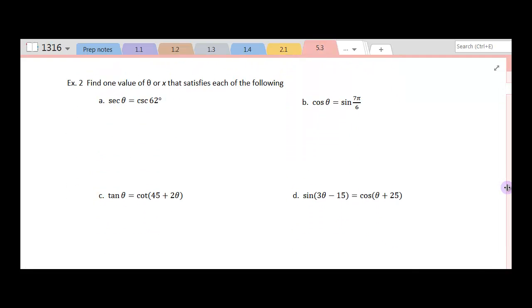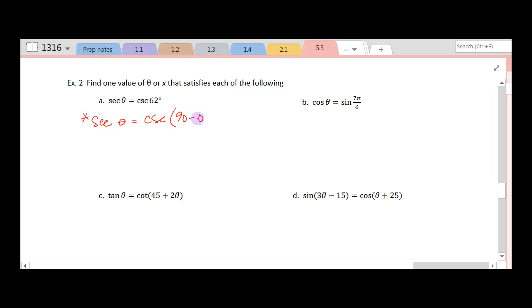Here I have 4 examples that I'm going to work for you. The very first one says I want to find out what theta is if I know the secant of that angle is equal to the cosecant of 62. Well, first you want to recognize that secant and cosecant are cofunctions of each other, and the cofunction identity that I could use says the secant of theta is equal to the cosecant of 90 minus theta.